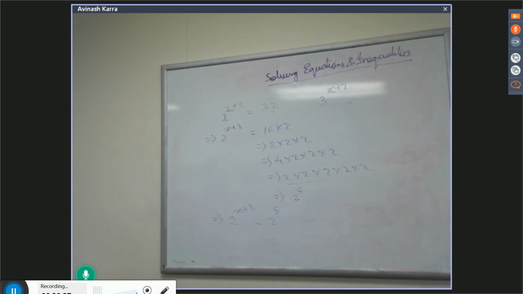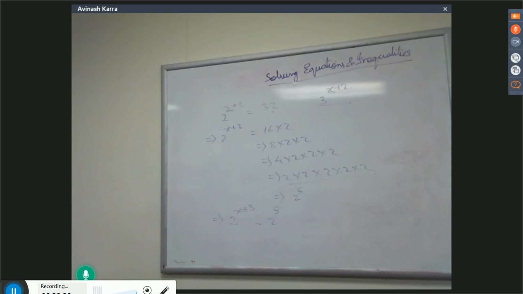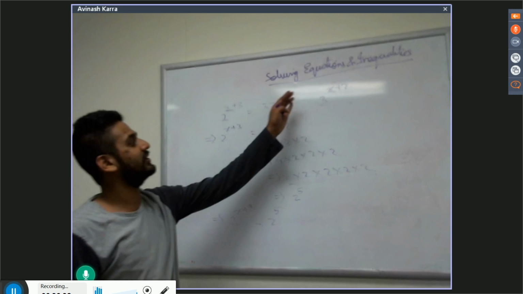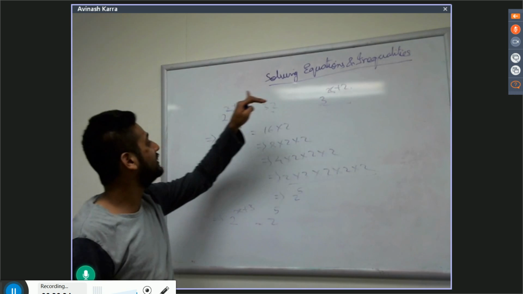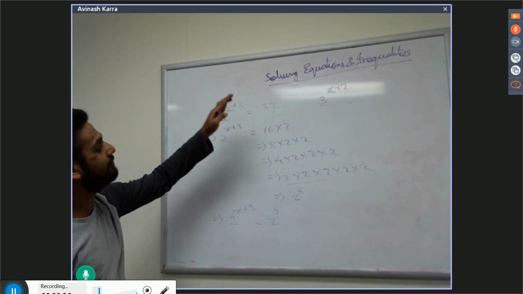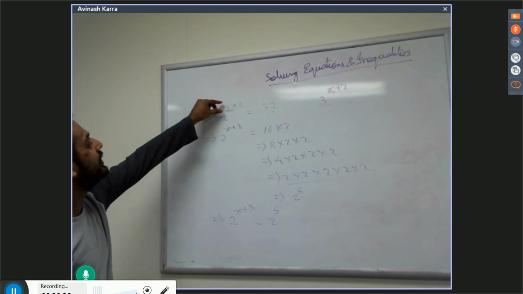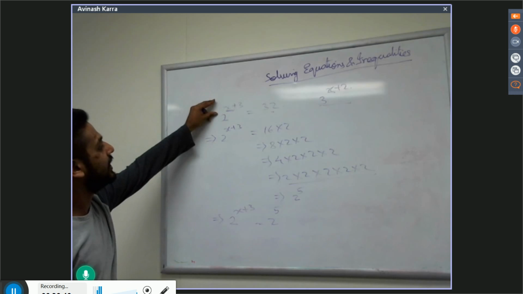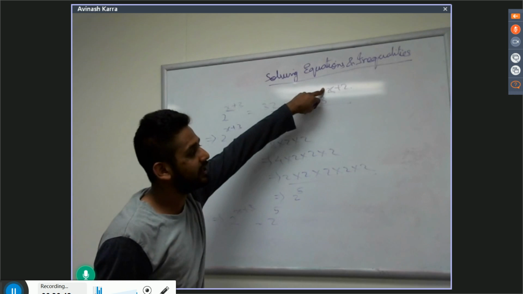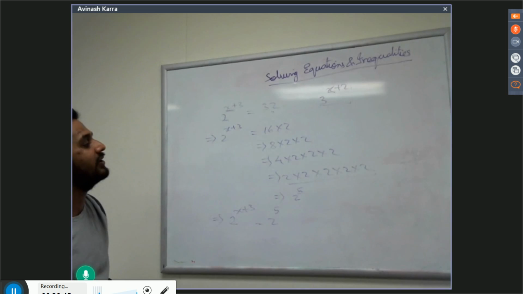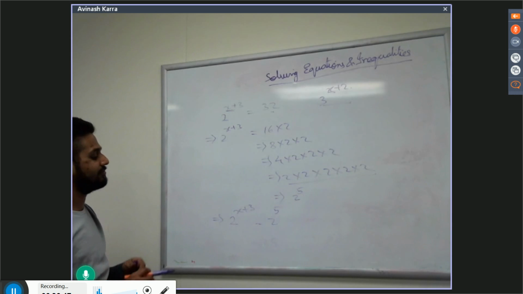That's not the same equation, he's just asking the value. This is the given equation, you need to find the value of x, and that x you are going to substitute in that. Okay, fine.